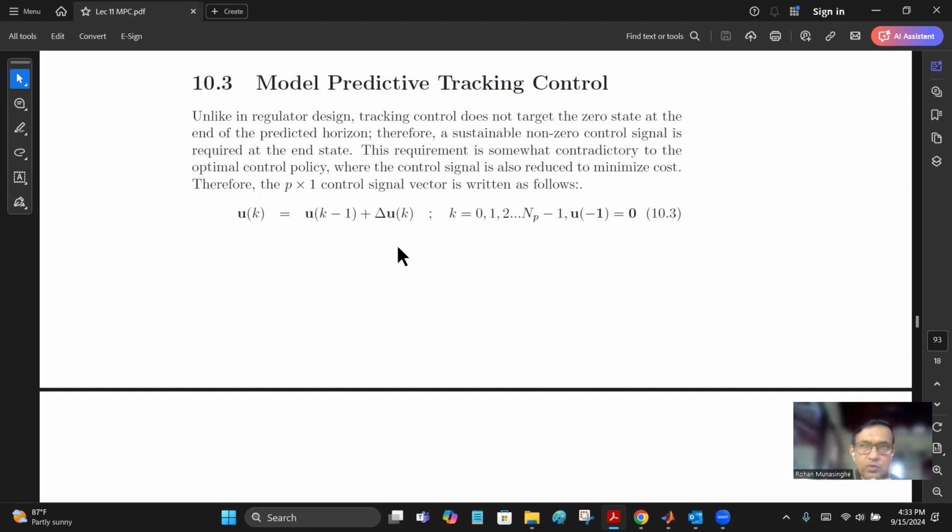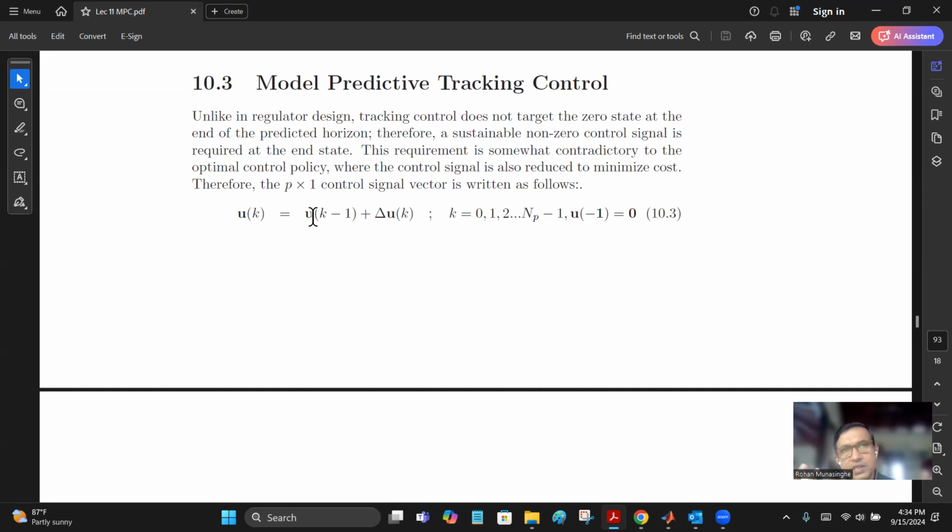So when you use this as a tracker, you maintain your u_{k-1}, but add on top of that a delta amount, add or subtract. So when the system reaches the reference value, delta u_k goes to 0. Delta u_k goes to 0, but the control signal doesn't go to 0. The control signal will keep at the previous level, u_{k-1}.